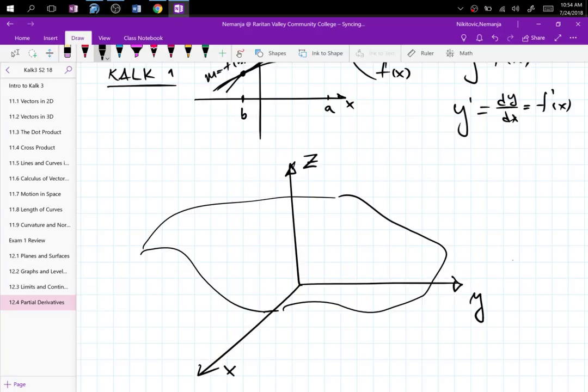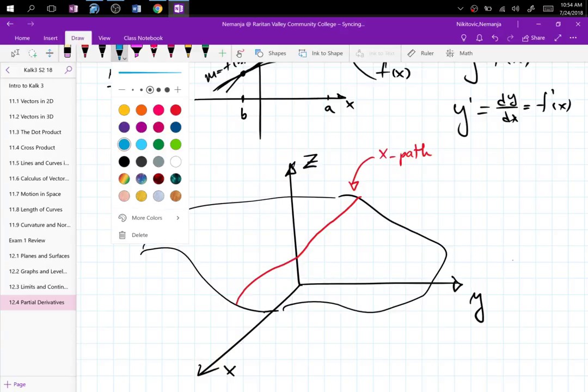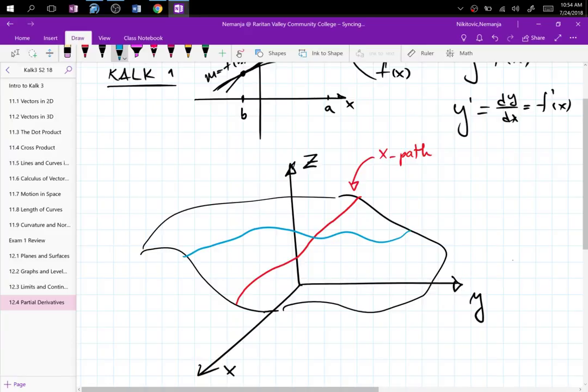And I have this surface, and now on the surface here, I'm going to come up with some kind of x path. So this is the x path, and in blue, let's say right here, is the y path.